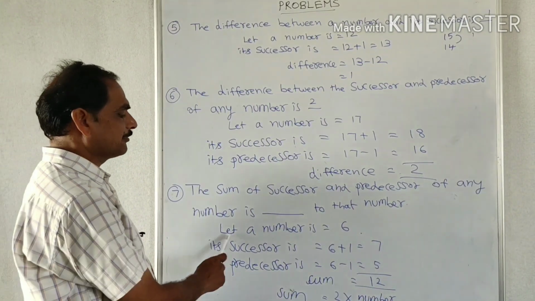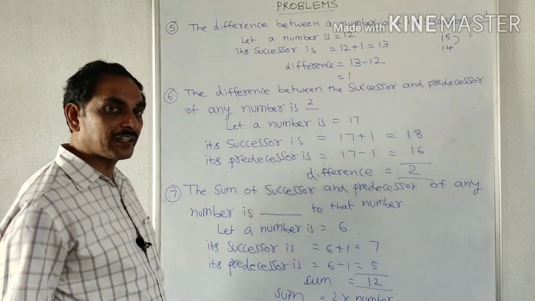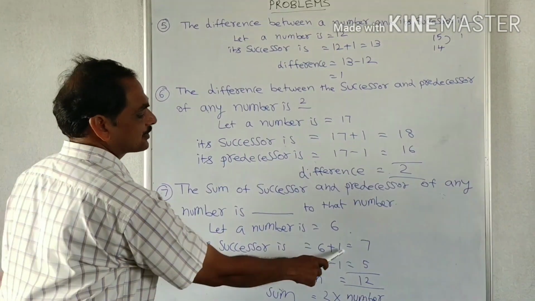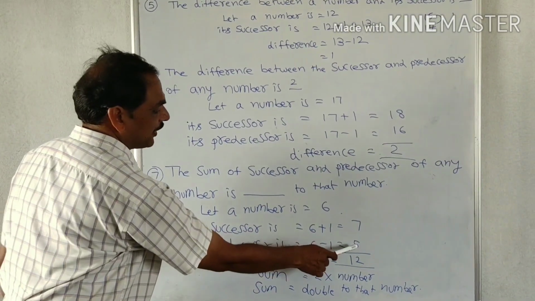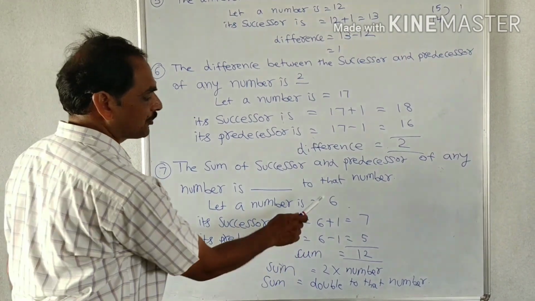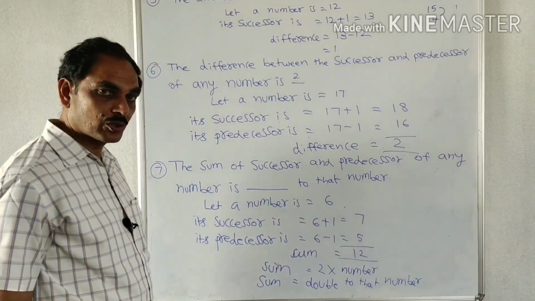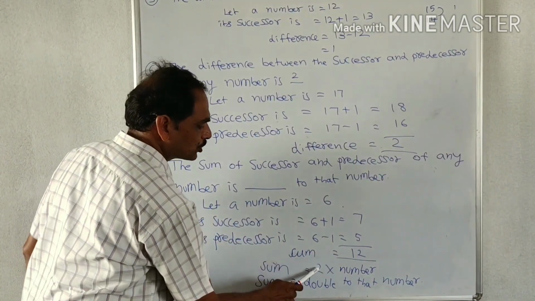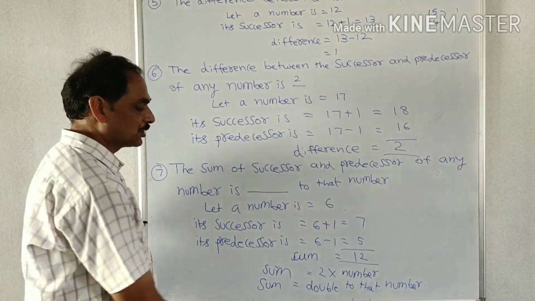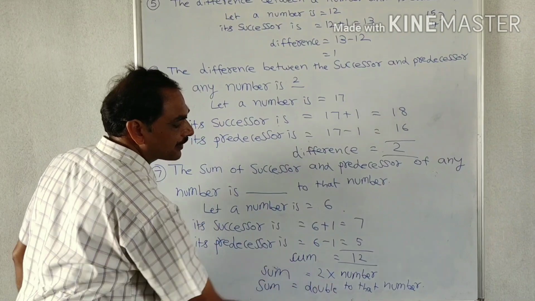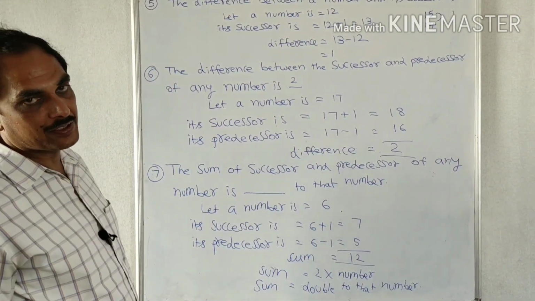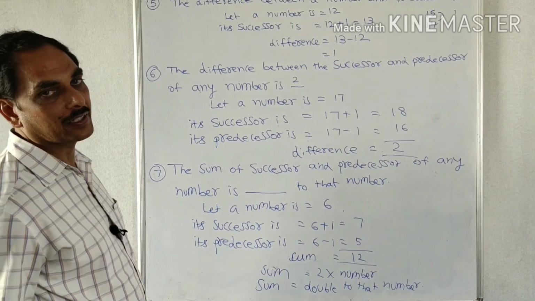Let us take a number 6. You can take any number. Its successor is 7, its predecessor is 5, and their sum is 12. Now we are going to find the relation between 6 and 12. We can write 12 as 2 into 6. So 2 into means double the number. So the sum of the successor and predecessor of any number is always double the number.